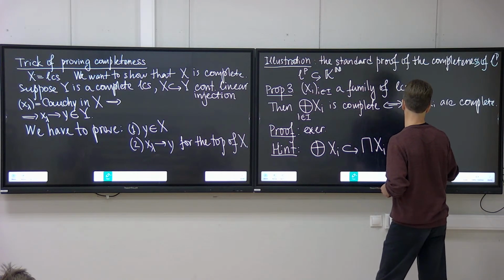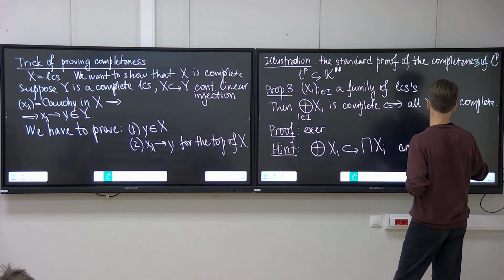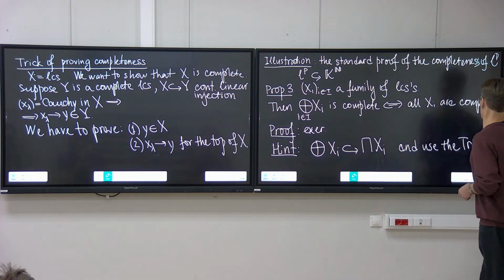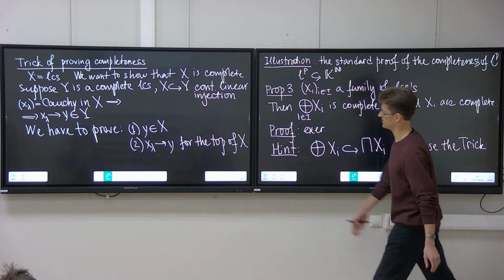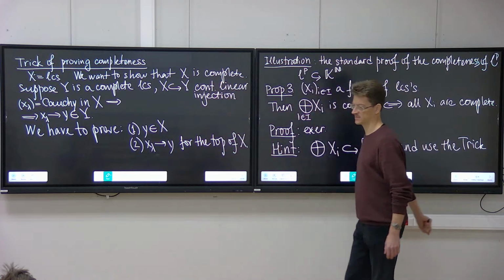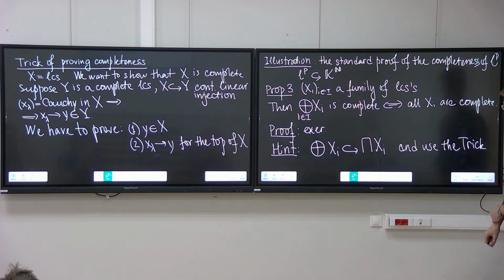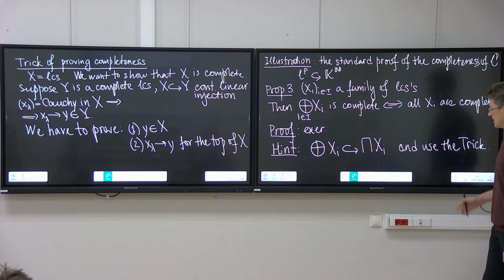And use the trick. This one is complete. You take a coordinate here and follow this way. Okay.